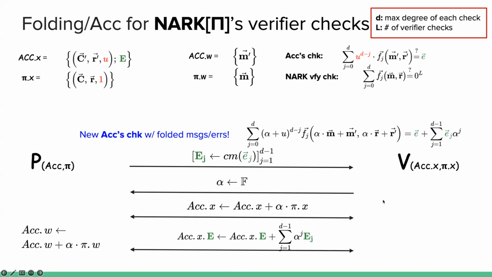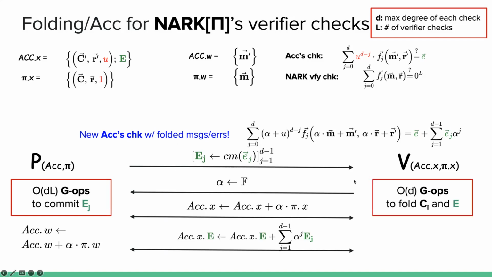However, this is not efficient enough for a high degree. Why? Because here the prover performs D·L group exponentiations, because he has to commit to these d minus 1 intermediate cross-term vectors, where each vector has a length of L and there are d minus 1 of them.